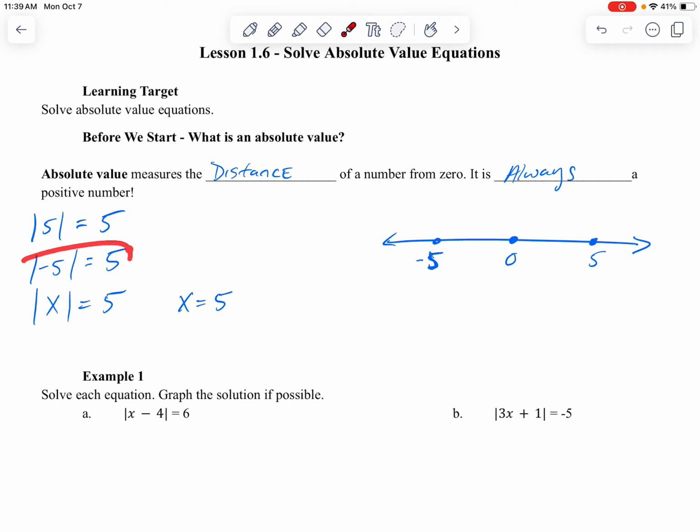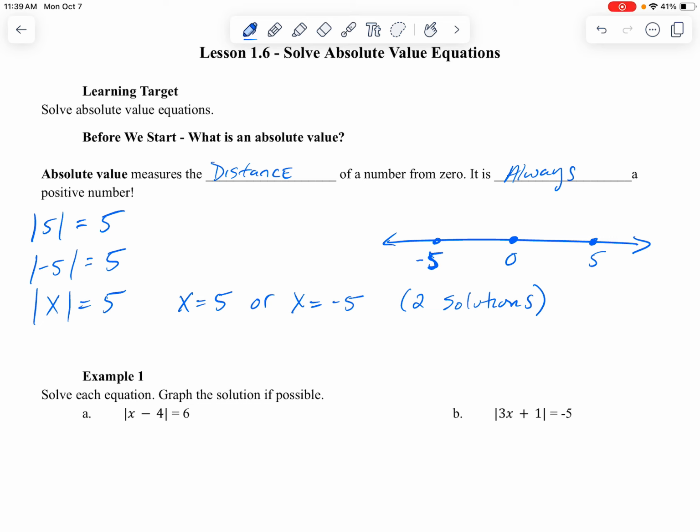But we also saw that the absolute value of -5 is also 5. So x could also be -5. So we say that this might have more than one solution. There's more than one value of x that would make this equation true. And we're going to see that that often happens with absolute value.